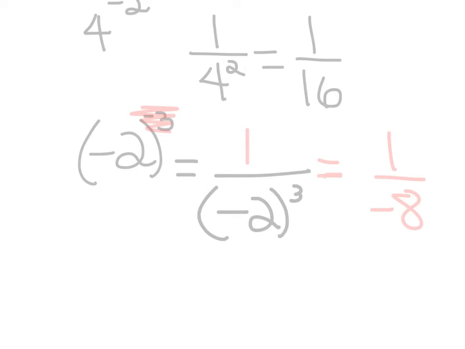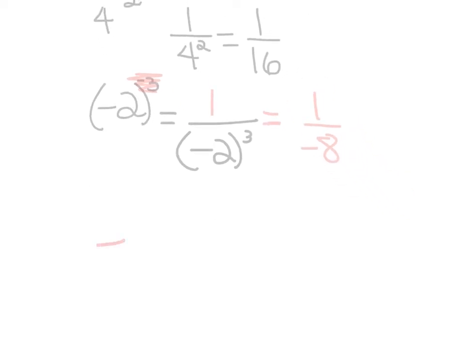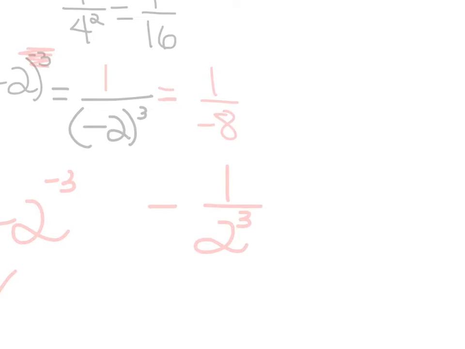Okay. For this problem, it would actually turn into the same answer. So if it were like this, the negative sign isn't held with the 2, so it's going to go in front of the fraction. Then the 2 will be positive in the bottom, and then we would still figure out 2 times 2 times 2, which would be 1/8.